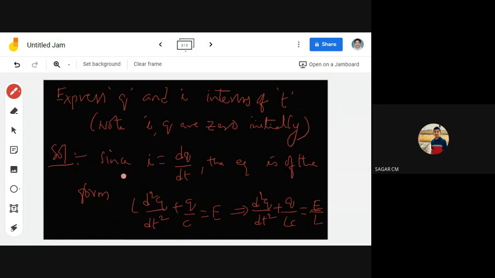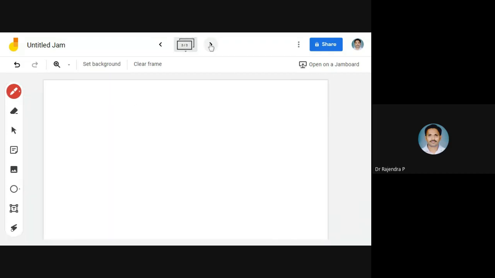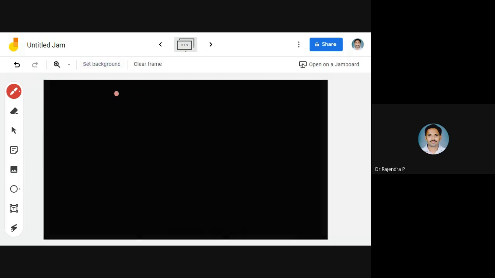Yes, sir. Good. So now I'm going to introduce the differential operator. Here it depends on t, so I can take D equal to d by dt and substitute this differential operator. Then I get D square plus 1 by LC.